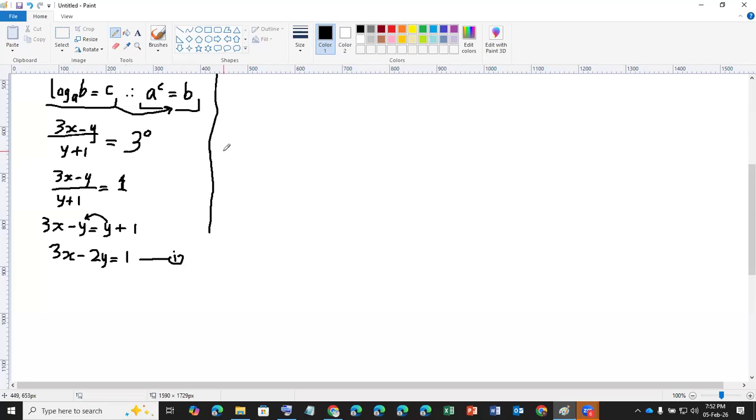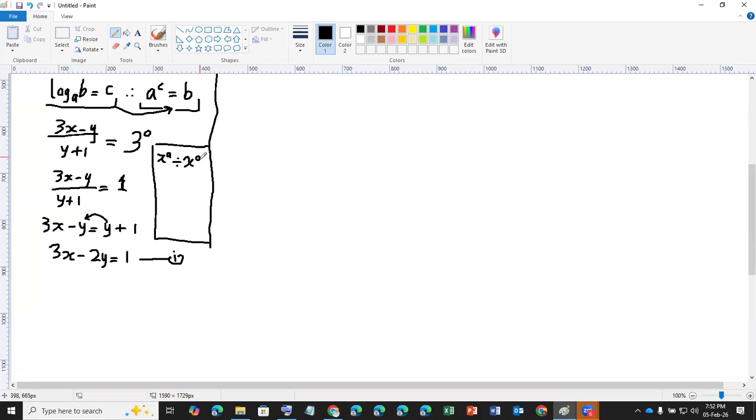Okay, let me see if I can show you the proof. I'll put it beside it. So this is the proof I know that anything raised to power 0 is 1. You know the laws of indices that says x raised to the power of a divided by x raised to the power of a.